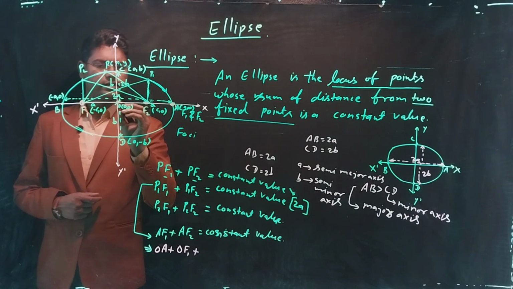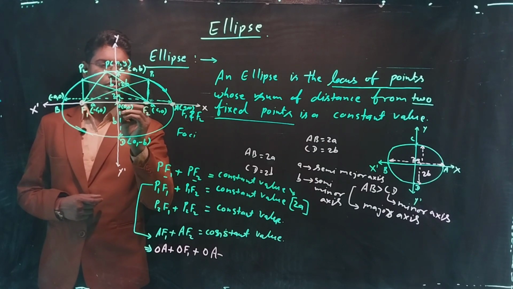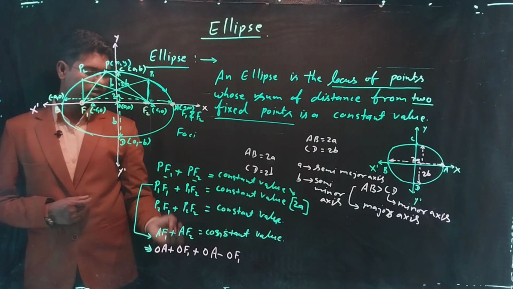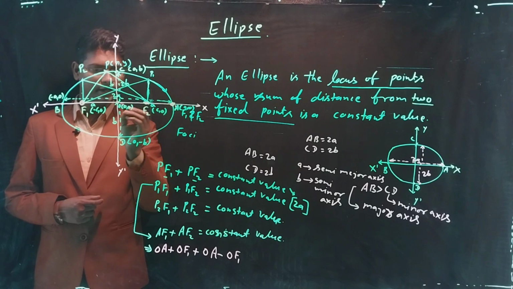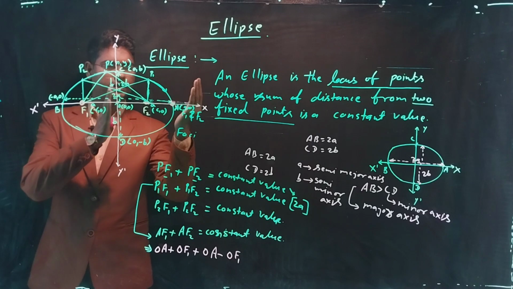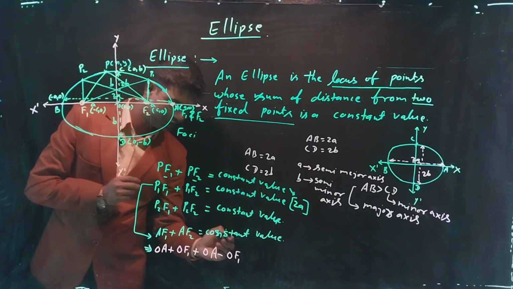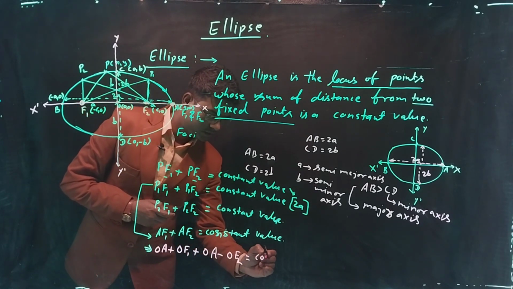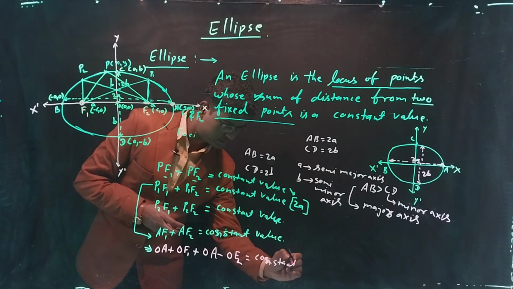AF2 can be written as OA minus OF2. We can see clearly: AF1 can be written as OA plus OF1, and AF2 can be written as OA minus OF2. This will be equal to the same constant value.